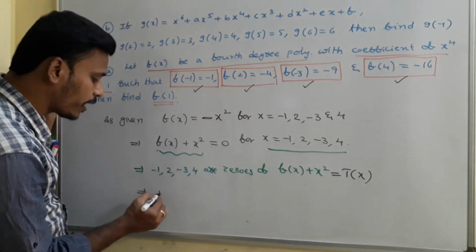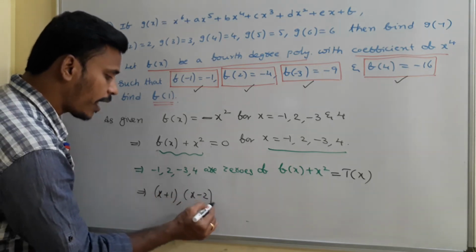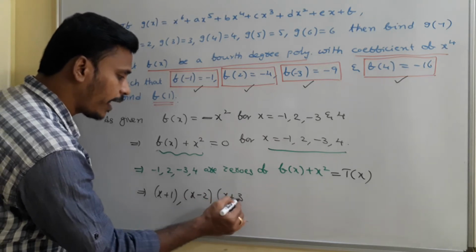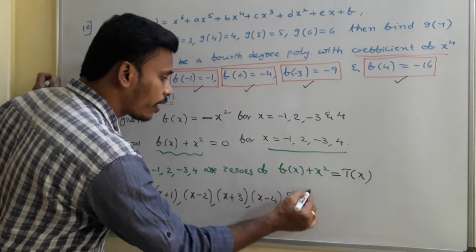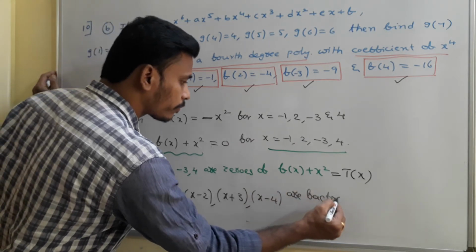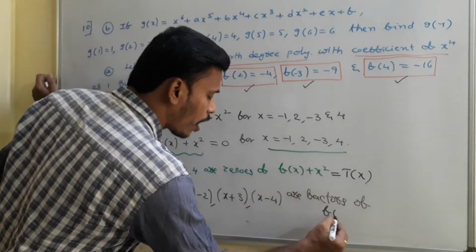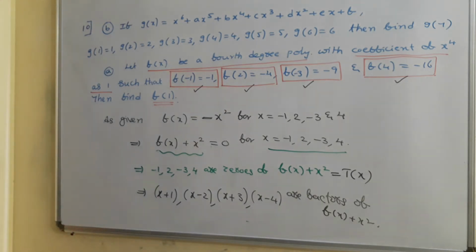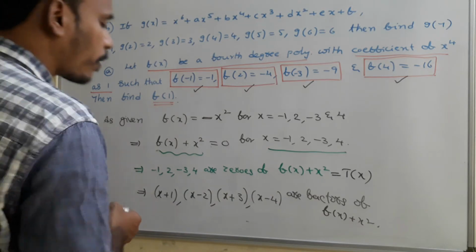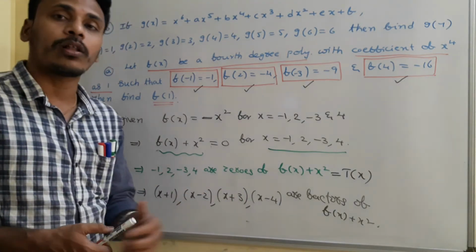From this it is very clear, by the factor theorem, that x plus 1, x minus 2, x plus 3, x minus 4 are factors of f(x) plus x square, or you may say t(x). Since all these are factors of f(x) plus x square, it can be written as the product of all these things.